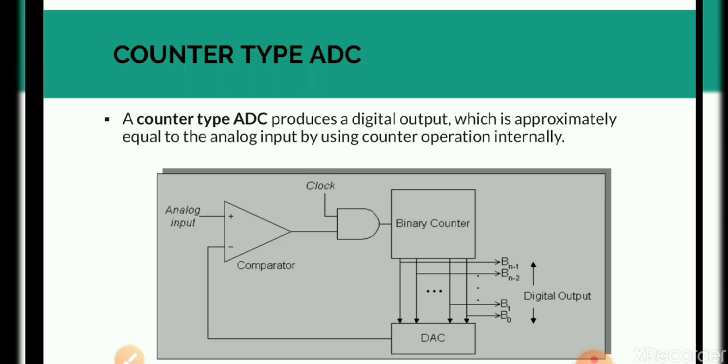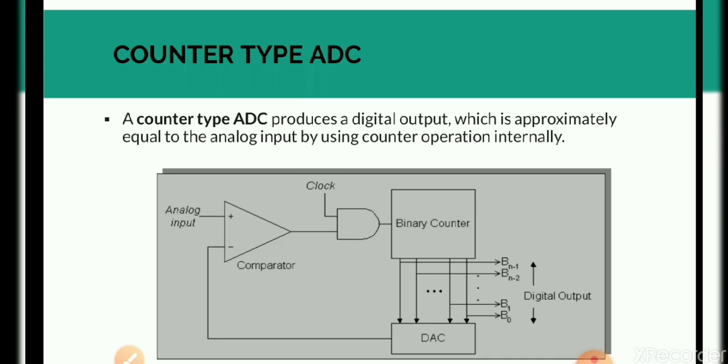The DAC now converts that binary count into an analog signal, and that analog signal is compared with the analog input at the comparator. The comparator output, either 1 or 0, is given to the AND gate, and the AND gate output goes to the input side of the binary counter.